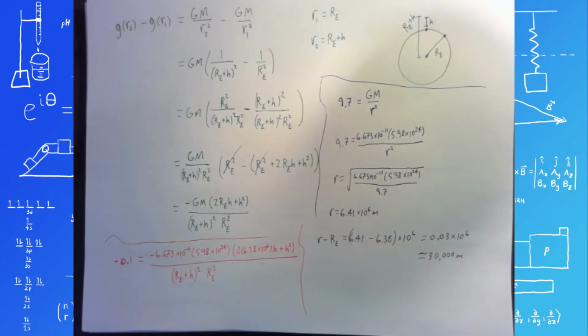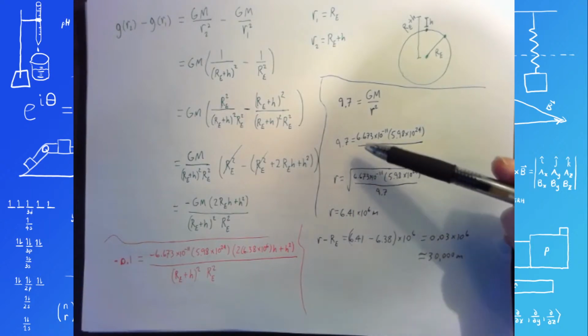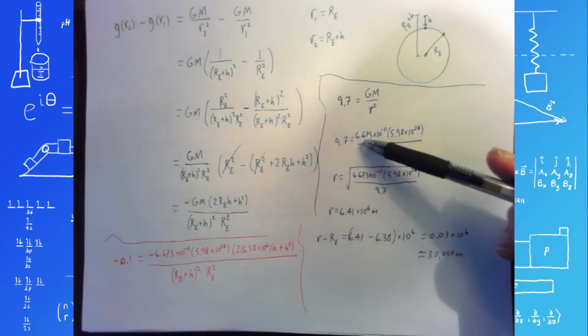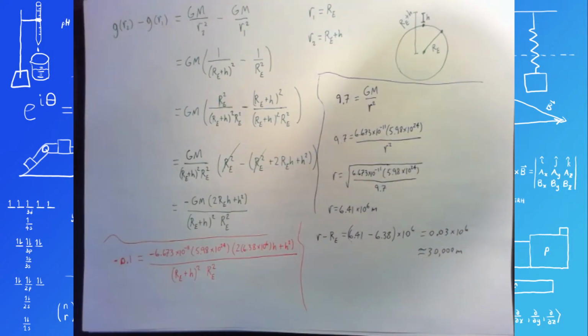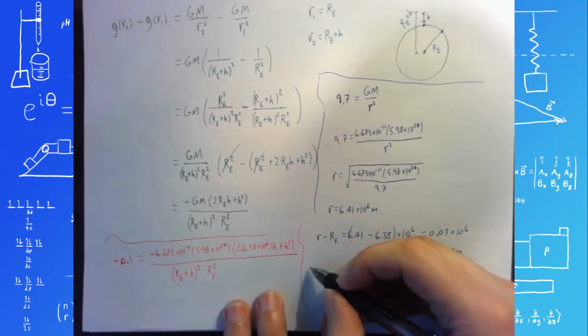So that's one thing that changes compared to what we've been doing before, is that for significant enough altitudes, for significant enough changes in height, we will see the acceleration due to gravity changing. Another thing that changes is how we define potential energy, specifically the gravitational potential energy.